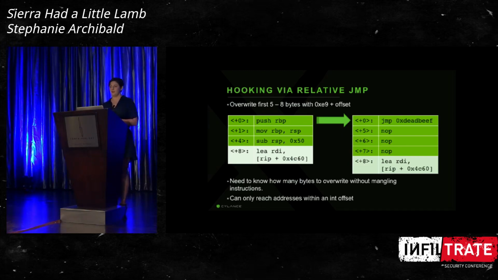The interesting thing to note is that the memory that you write out is basically E9 plus an integer offset, which means that you can only reach addresses that are within an integer offset from the shared region. When you're executing, usually you're quite far away from that. So that's not really going to work by itself.